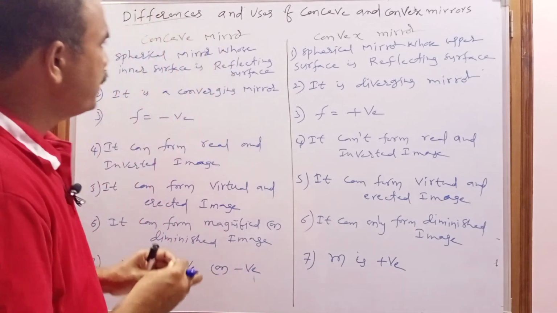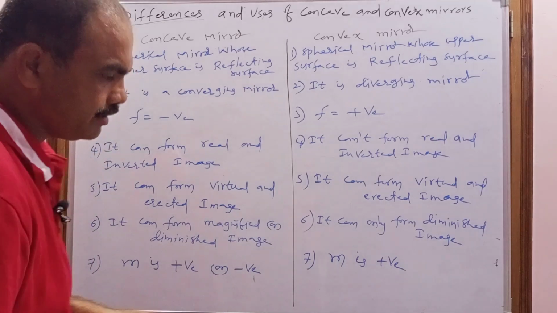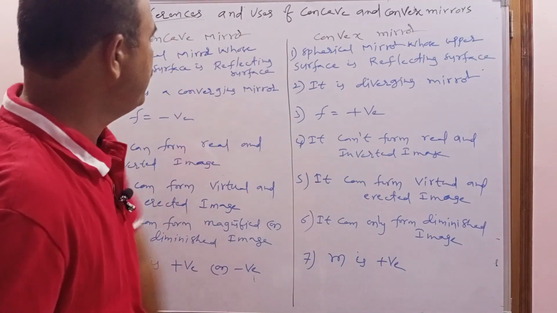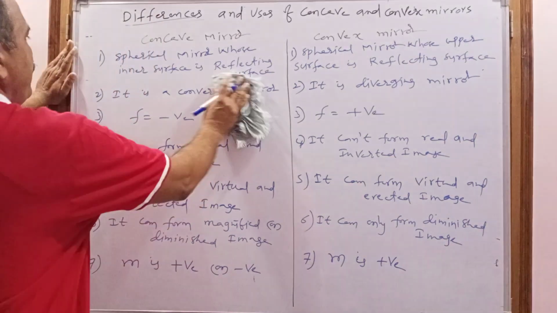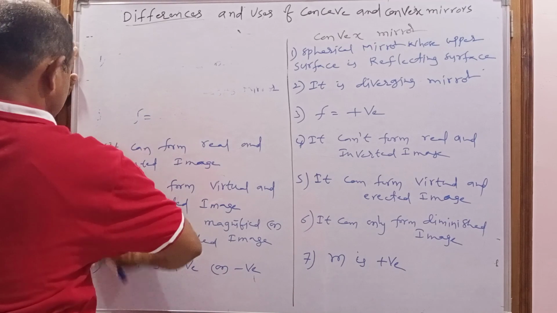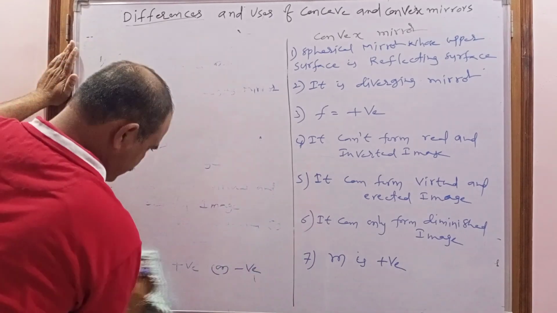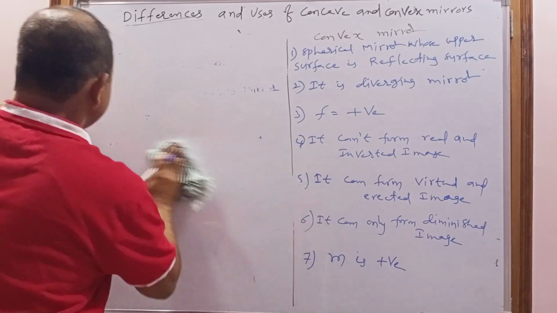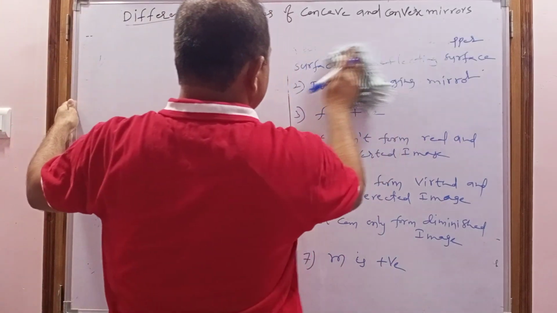Next, coming to the uses. Very, very important. These are the differences between the concave mirror and convex mirror. Next, come to the uses. That is also very important.